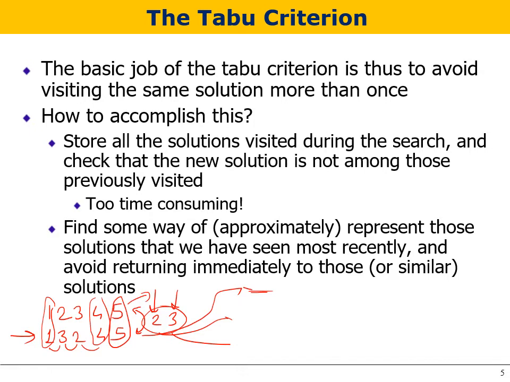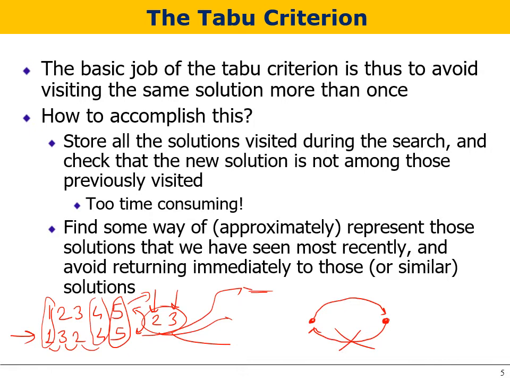Basically, if we move to a new solution with a neighborhood operator, we want to forbid the move that will take this solution back to the previous one.